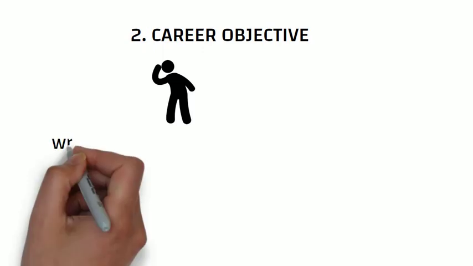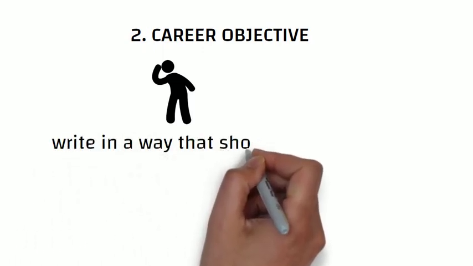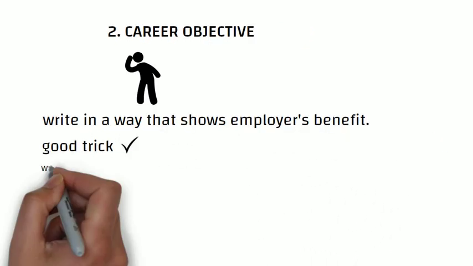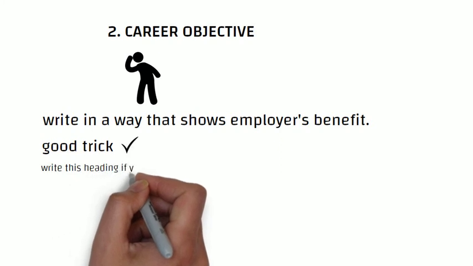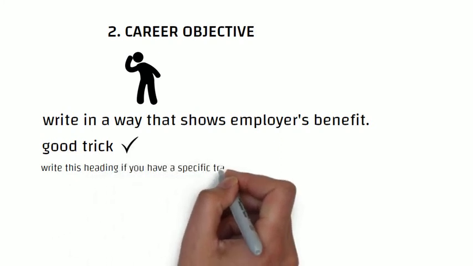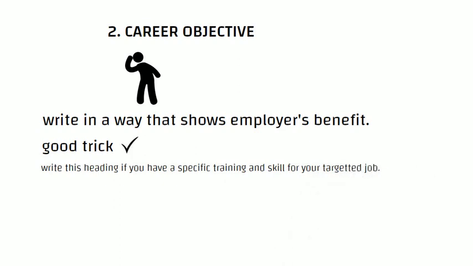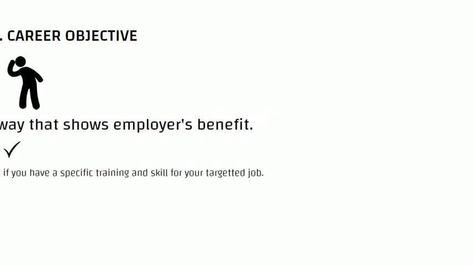Still, if you are writing this heading keeping in mind that you need to focus on the employer's benefits, then it will be a good tactic. This makes sense for fresh graduates and for those who have relevant training and skills for that particular job, so that you can mention them for the employer's and organization's benefit.